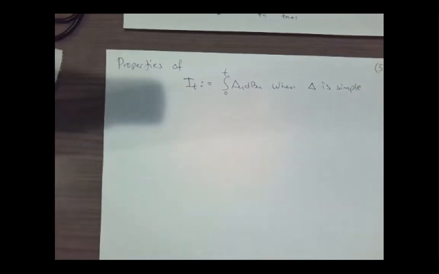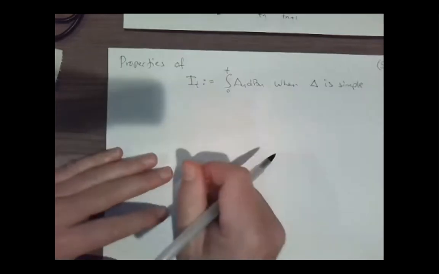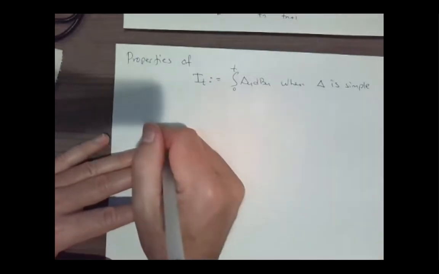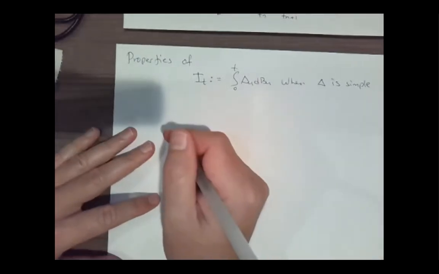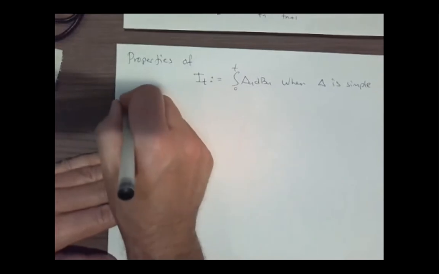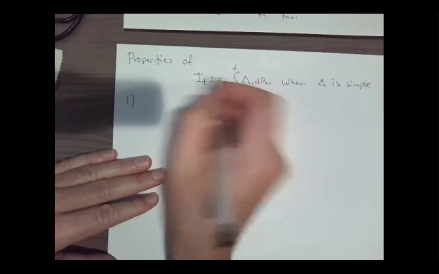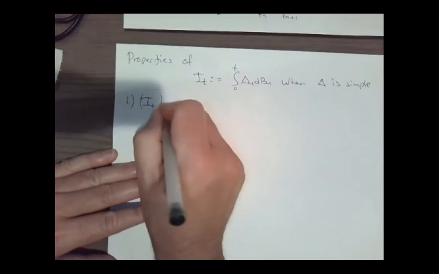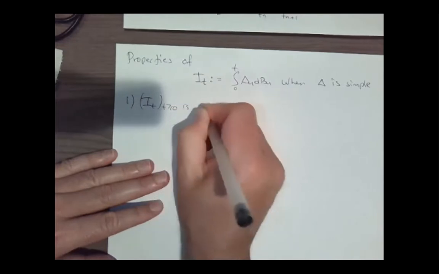We already alluded to the martingale property, so maybe we could start by proving it. One of the properties it has is that I(t) is a martingale.